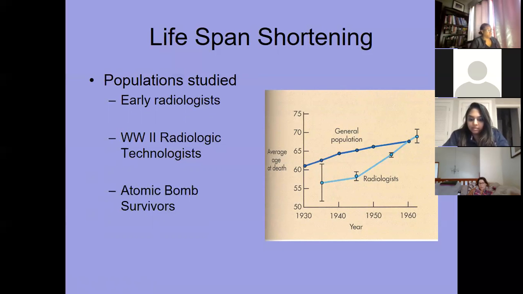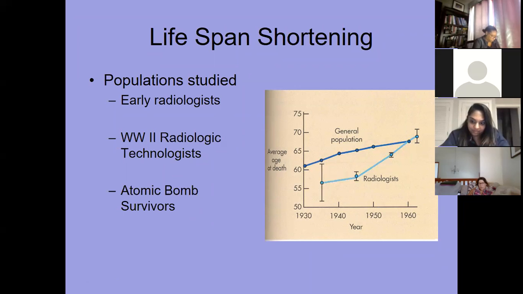But then, as you went into the 50s, you notice that the lifespan of the radiologists started to increase. So we see that now the gap is getting smaller and smaller until the 1960s. And in the early 1960s, the radiologists had caught up and actually were living longer than the general population.